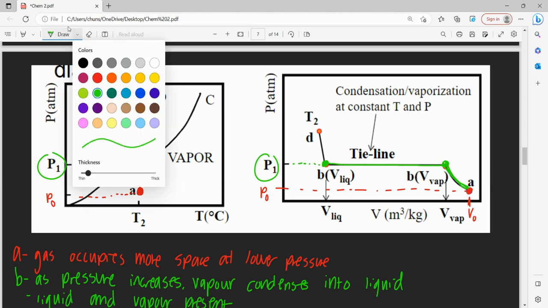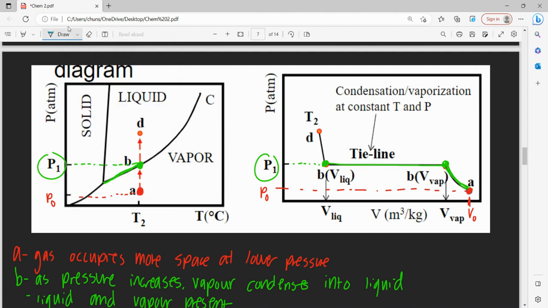Okay, and lastly, when we go from B to D, call this P2, so if we go up to P2, we are now in our liquid phase.